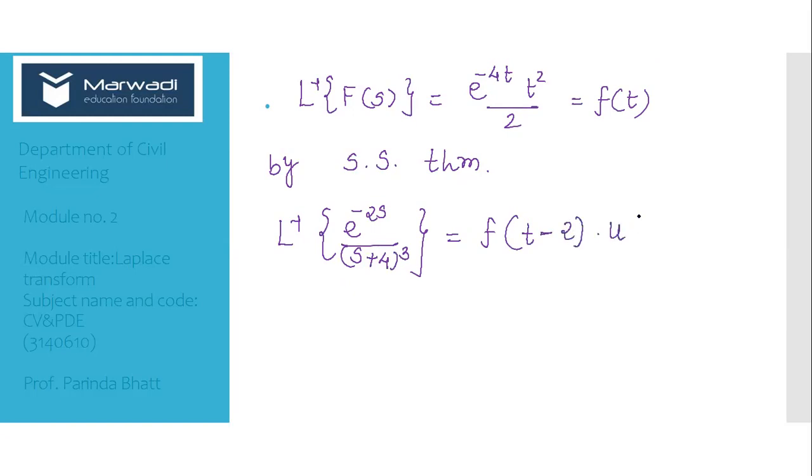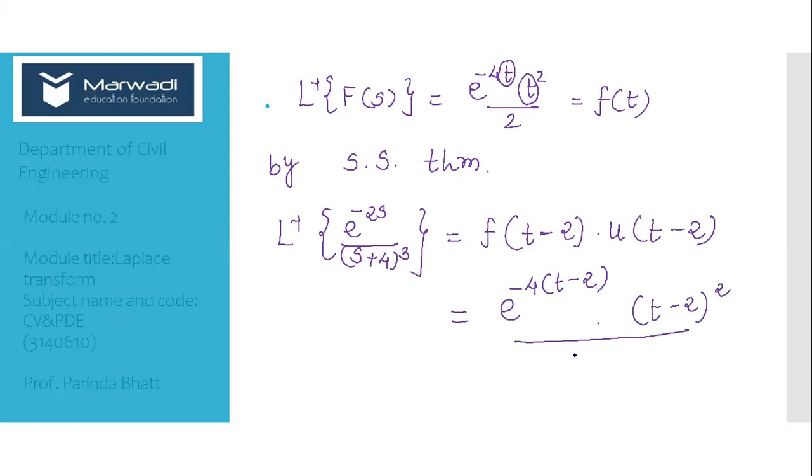Yes, 2. Therefore, f of t minus 2, u of t minus 2. Okay. Now, in place of this t, we have to change it. Therefore, e raised to minus 4 times t minus 2, t minus 2 whole square divided by 2. This is our answer. Now, Vikas, is your doubt clear?